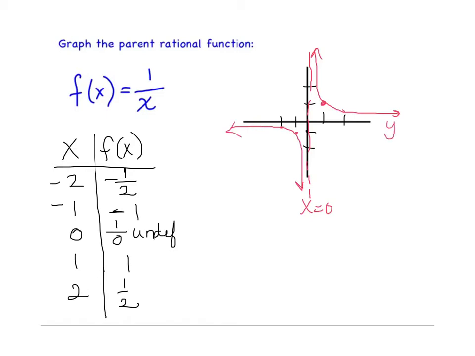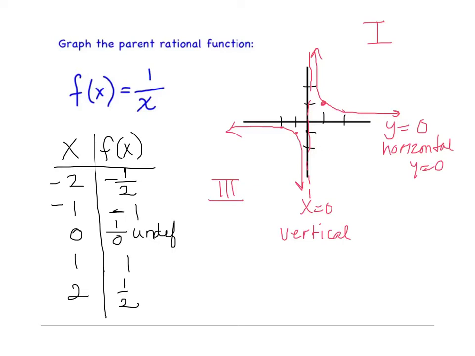It has a vertical asymptote at x equals 0. It has a horizontal asymptote at y equals 0. And the graph of the basic parent function is in quadrants 1 and 3, but not 2 and 4.